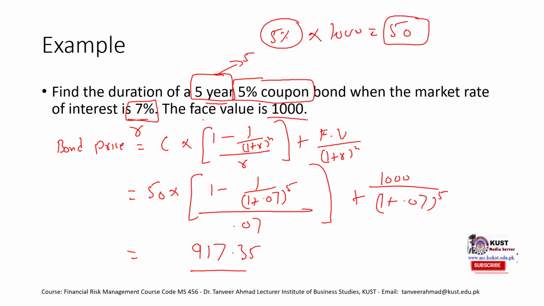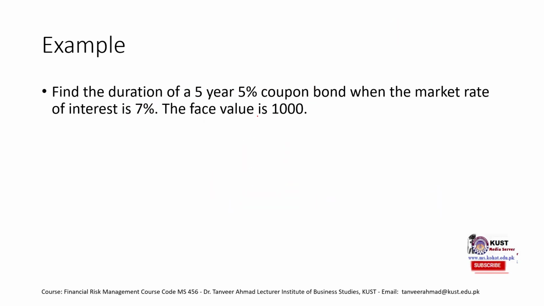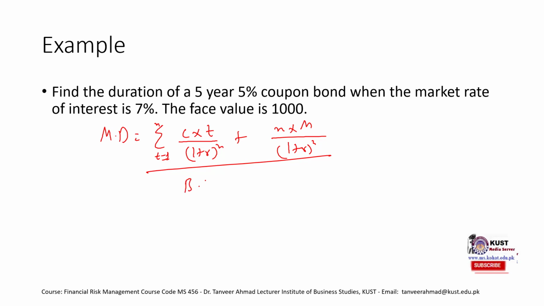Okay, let me erase this and then we solve the rest of the equation. The formula for Macaulay duration is the summation from t equal to 1 till n of C into t divided by (1 plus r) raised to power t, plus n into M, the par value, divided by (1 plus r) raised to power n, this whole divided by the bond price.